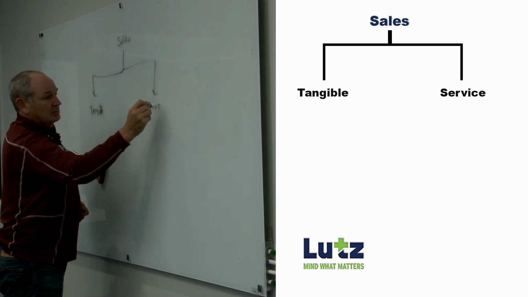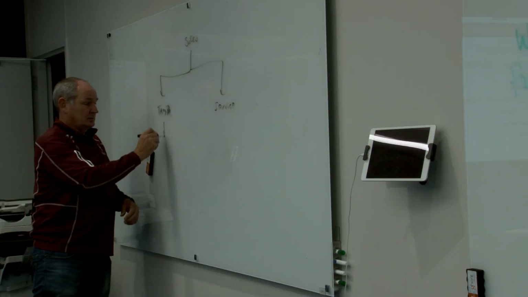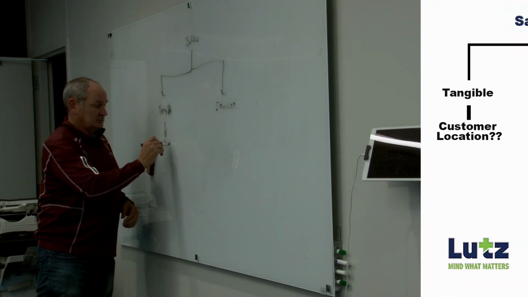Yep. So as a staff person, your first categorization is what kind of client am I dealing with? Tangible or service? And if it's tangible, it is where's the client?